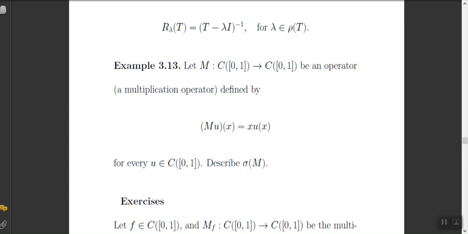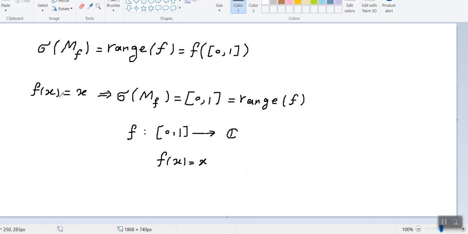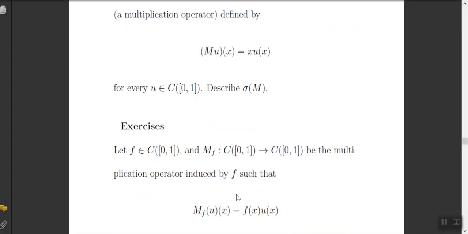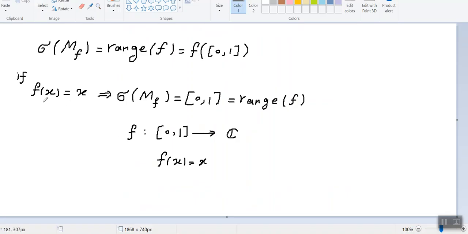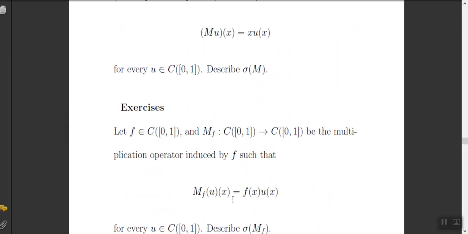So if f(x) equals x, then this operator that you see here, M_f, becomes multiplication by this function, which is x. So here we have f(x) equals x, becomes x times u(x), this operator.